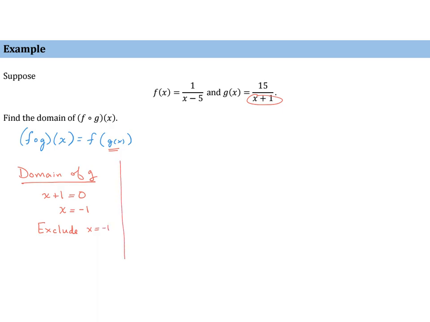Now, the follow-up is, what's going to be excluded from the input of f?